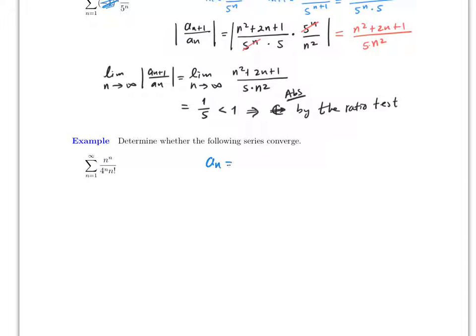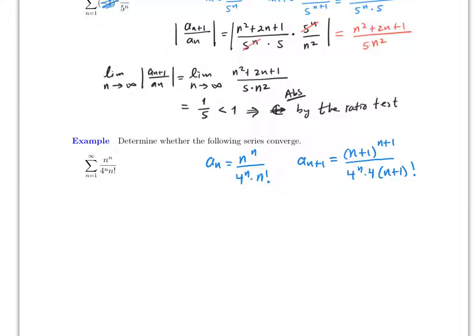Here an is n to the n power over 4 to the n times n factorial. Therefore an plus 1 is n plus 1 to the n plus 1 power divided by 4 to the n times 4 times n plus 1 factorial.